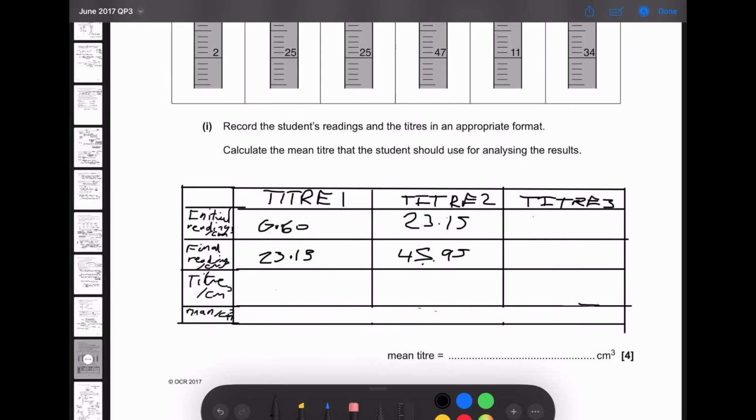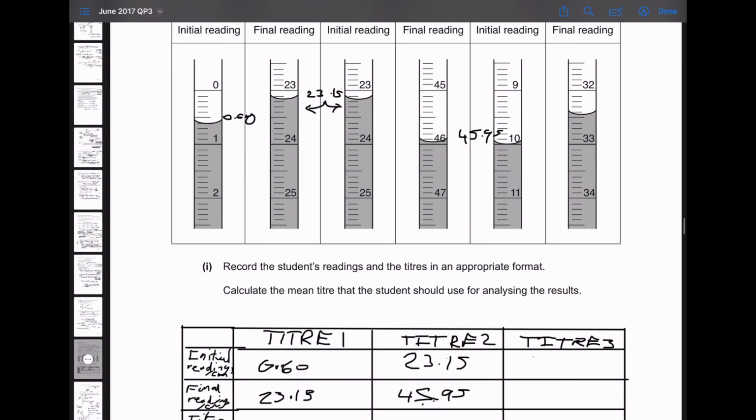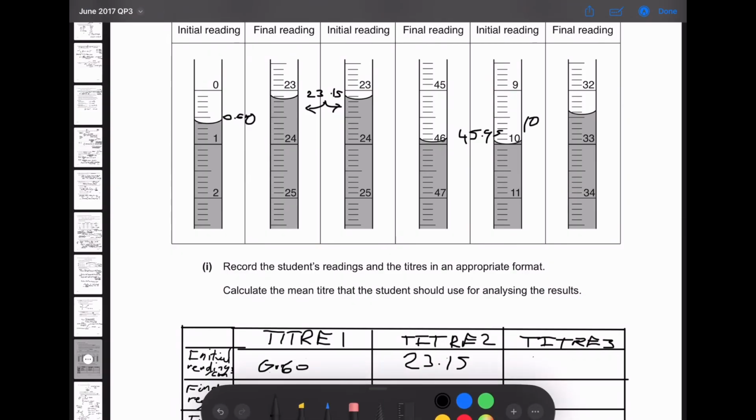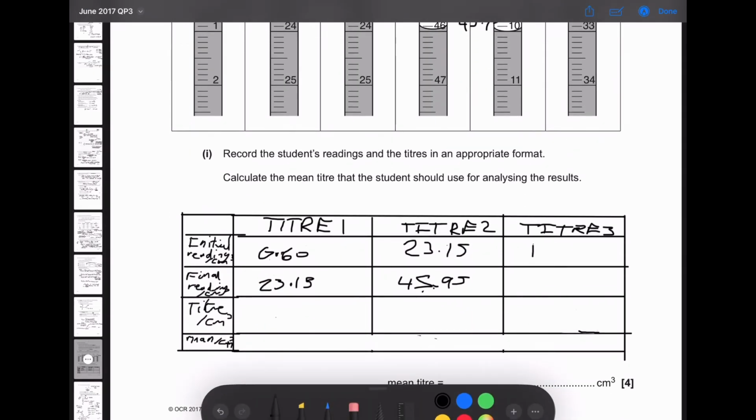There you go. And then titer 3, what's that? Exactly 10, right on the money. Be consistent with your decimal points, and the final is 32.45. So 10.00 down to, I've forgotten what I said already, 32.45 I think it was.